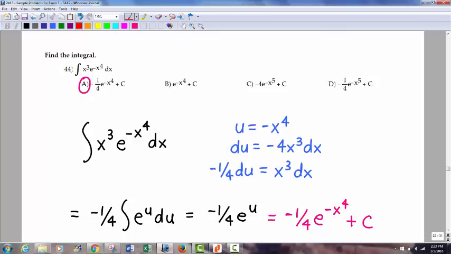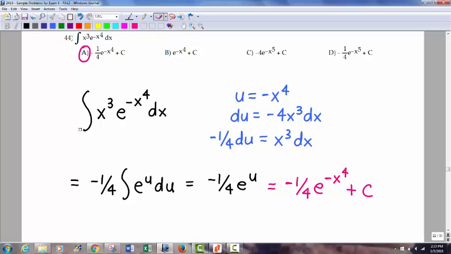The antiderivative of e to the u du is just e to the u. That's it. So anytime you get an integral in that form, it's super easy. You can't even make a mistake of misadding 1 or anything like that, which might only occur with negative exponents. I can't imagine that would be a mistake with positive exponents.